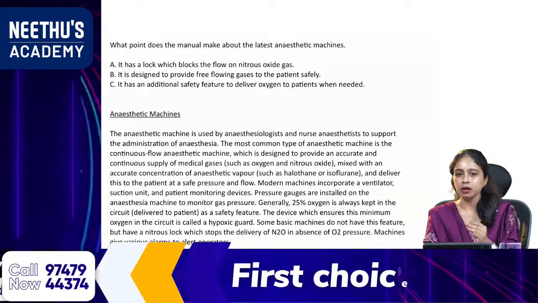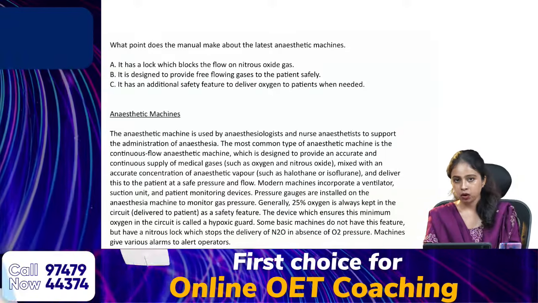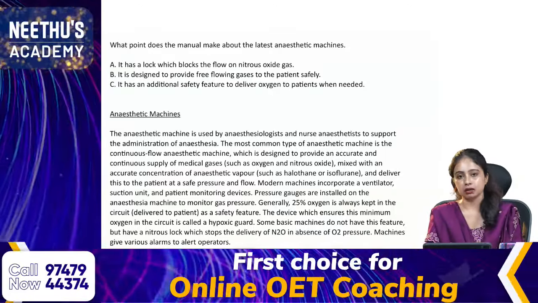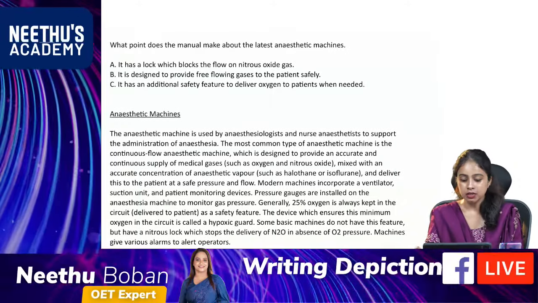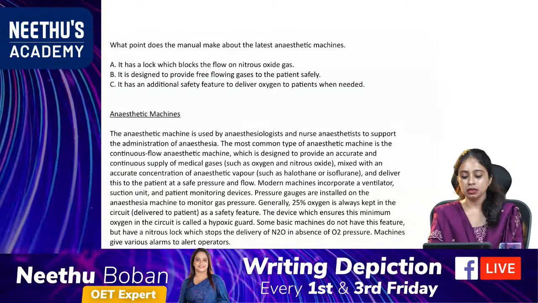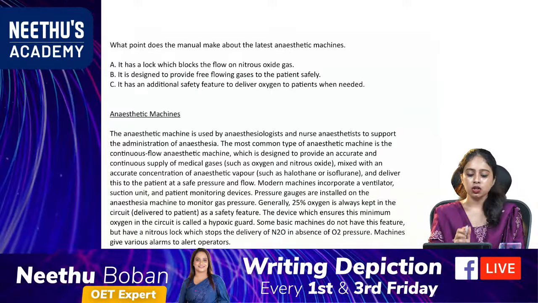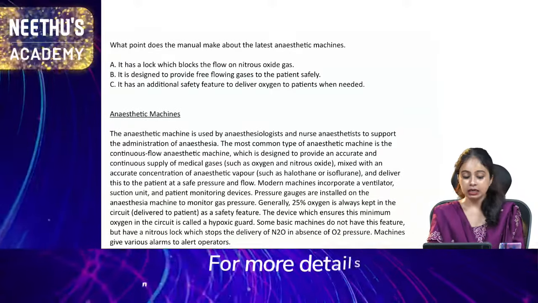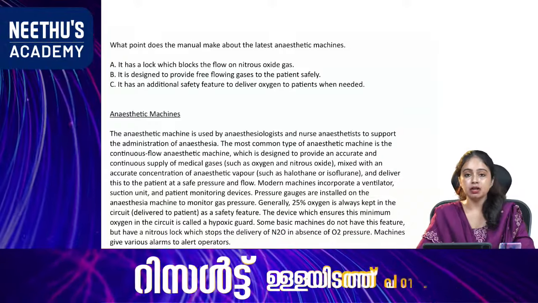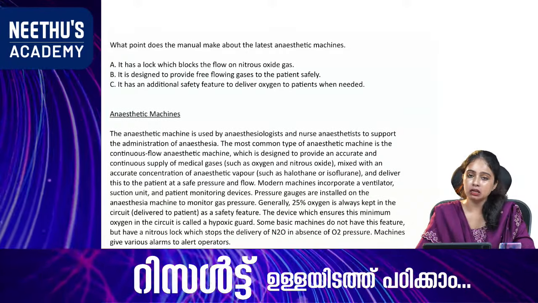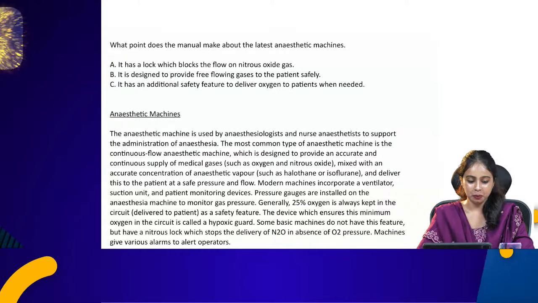It's not mentioned here about free flowing gases. It's only mentioned about oxygen as a safety feature, which is about modern machines. So we can eliminate option B as well. The correct answer is option C: it has an additional safety feature to deliver oxygen to patients when needed. That is the correct answer.